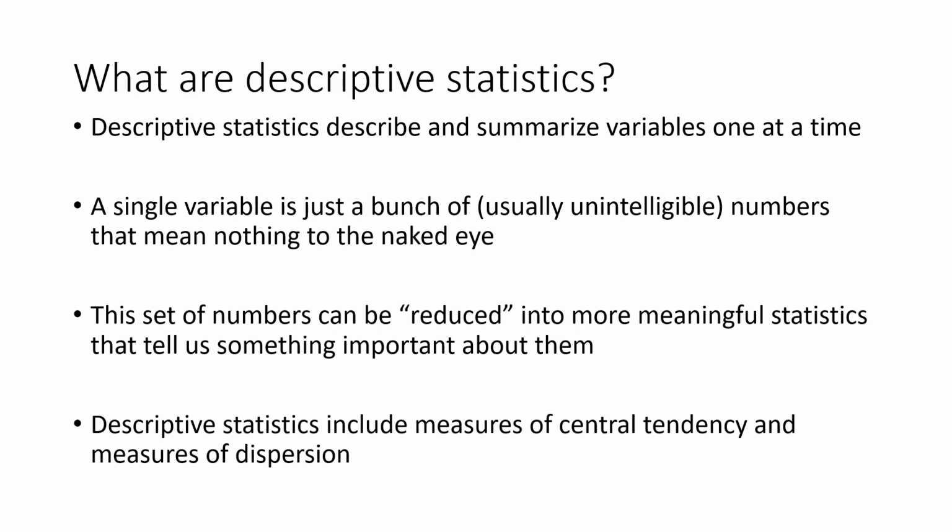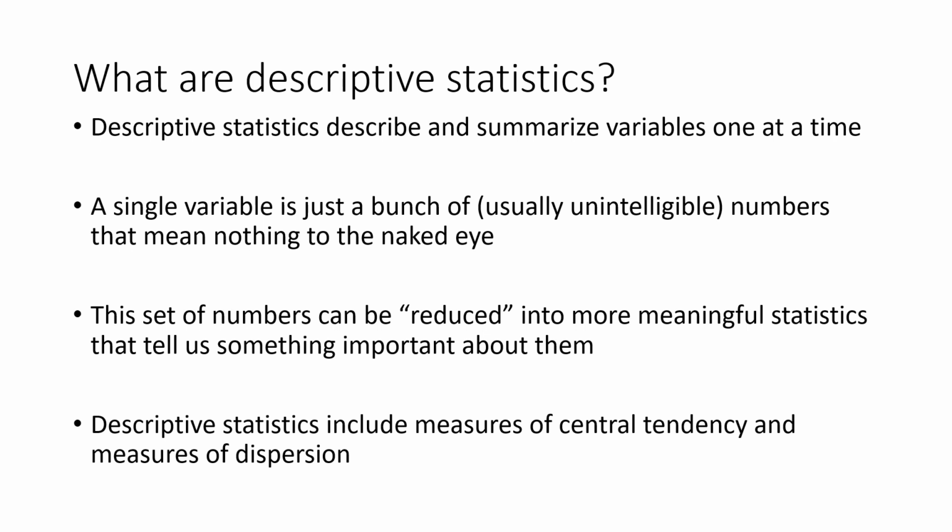Then you get 2,000 data points, and each data point suggests how old an individual is, how old the respondent is. But if you're just looking at 2,000 numbers in a column, you can't really identify anything meaningful from those numbers. So what you need is some method of reducing those numbers into more meaningful statistics.